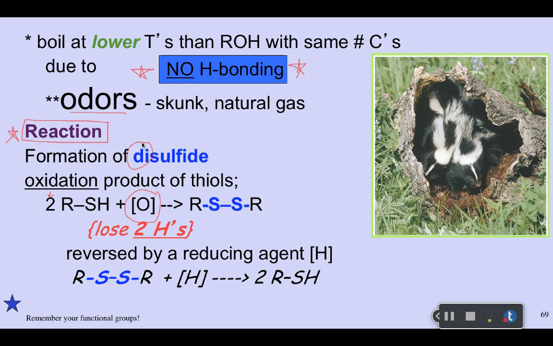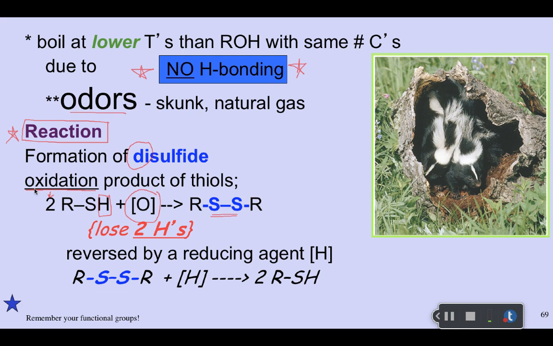So you always have to assume there's a test tube full of something, or at least more than one in reach, to put two of them together, where you're going to lose two hydrogens, one off of each sulfur of the thiols, and connect the sulfurs into what's called the disulfide. So the disulfide is exactly what it kind of suggests, two sulfurs together connecting some carbons that way.